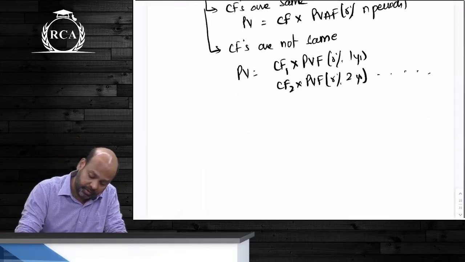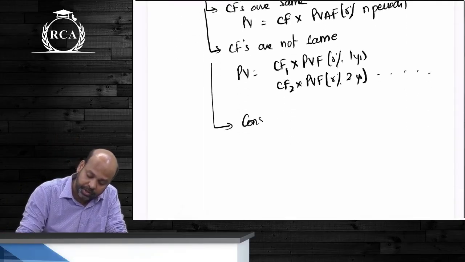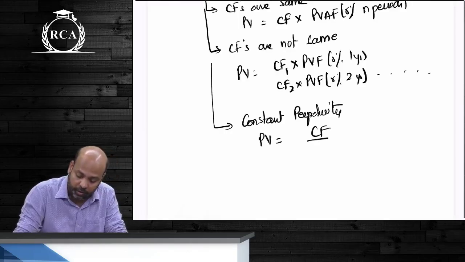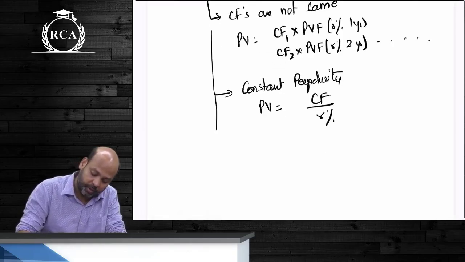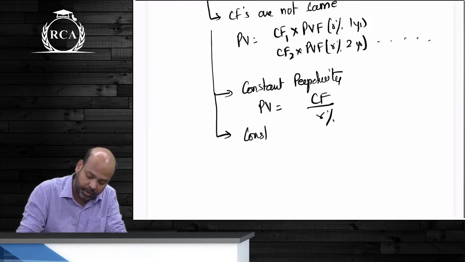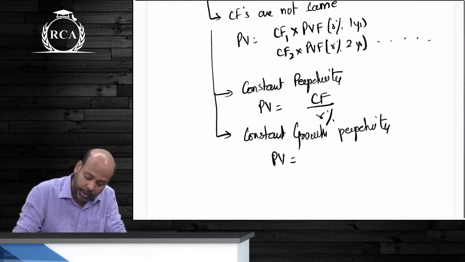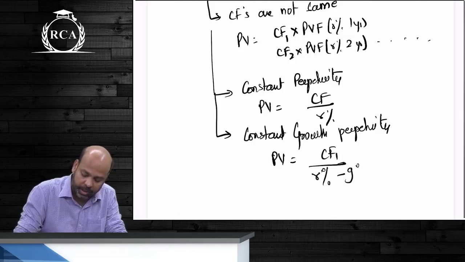What if this series of cash flow beta is a constant perpetuity? If it is a constant perpetuity, how will you arrive at the present value of a constant perpetuity? Cash flow divided by r%. What if it is a constant growth perpetuity? Constant growth perpetuity, guys, it will become present value beta will be equal to cash flow of year 1 divided by r% minus g%.